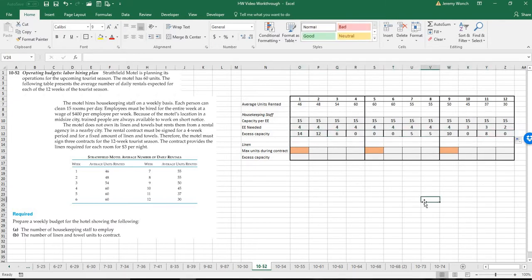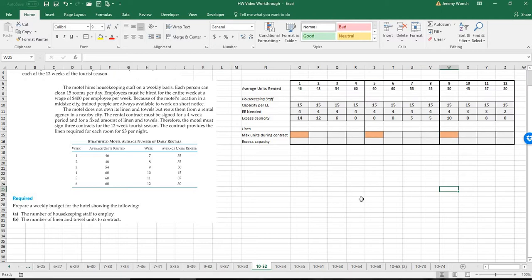That'll give us our excess capacity for each week. I'll just have to fix the formatting later. Actually, let's do this. Unclean formatting drives me crazy.